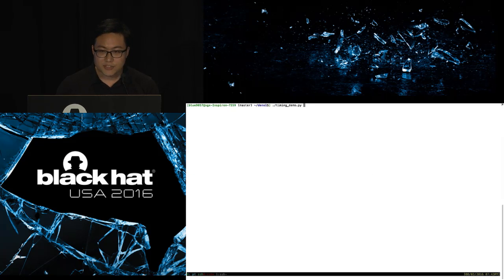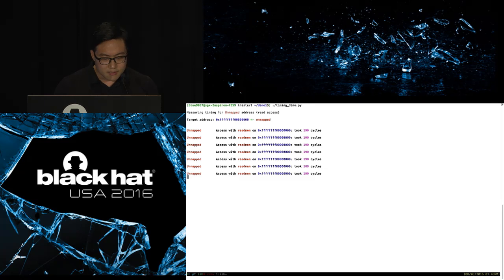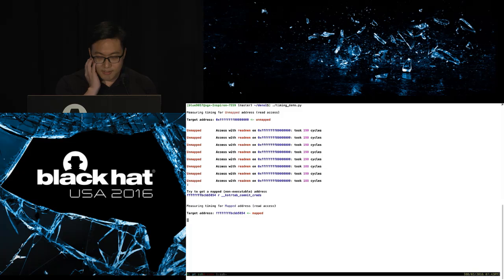And let's measure the timing. First, we will try to read an unmapped address. I just picked an arbitrary address, but it is always an unmapped one in Linux. Reading this address returns like 190 or 188 cycles. Then let's measure the mapped address.